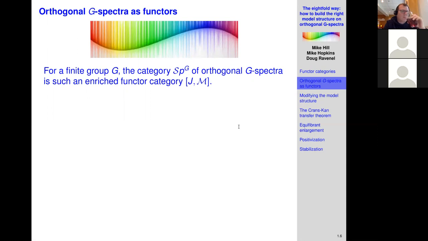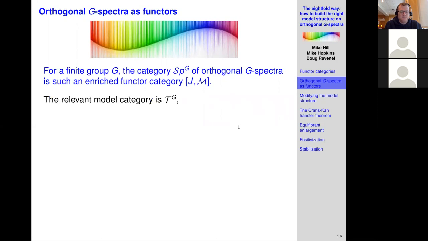It is a functor category. If I have a finite group G, the category SP upper G of orthogonal G spectra is an enriched functor category. So I have to tell you what J and M are in this case.